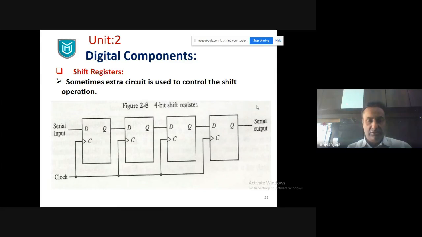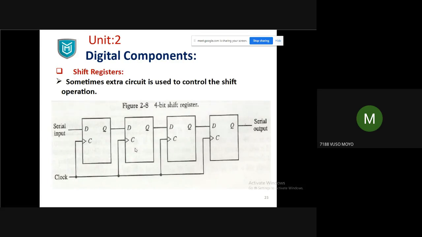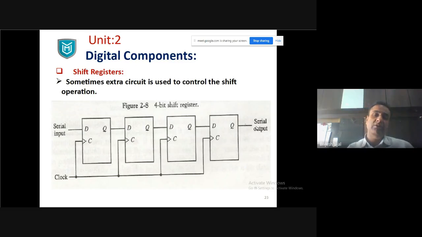Very good. Now I may ask you to draw the model which shows a 4-bit left shift register, for shifting from the left side. What change will you require in this? The serial input will be at the right and the serial output will be at the left. Only that. Very good.